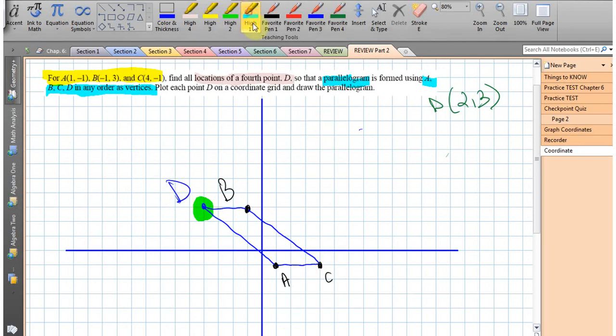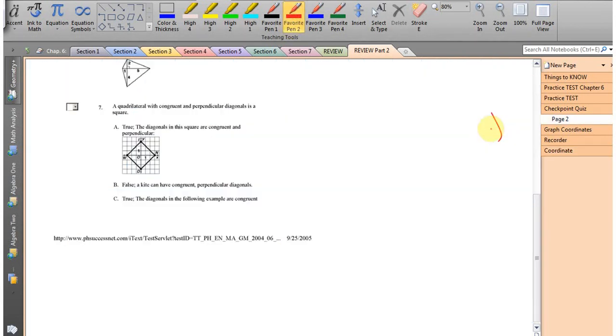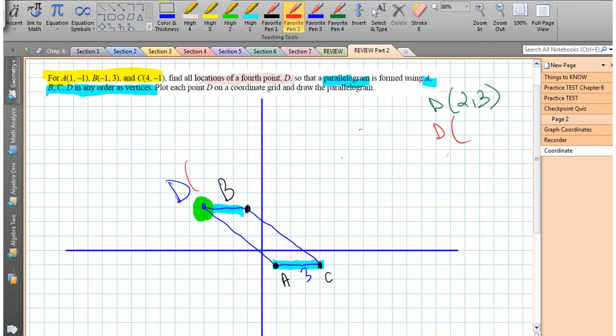Notice that same logic. If A and C were horizontal, D and B would be horizontal because the opposite sides have to be parallel. And if this is 3 units away, this would have to be 3 units away. And what would that make point D? Well, if I look at the coordinates carefully, that would be backwards 1, 2, 3, 4. Minus 4, up 3, negative 4 comma 3. That would be another possible scenario of point D.